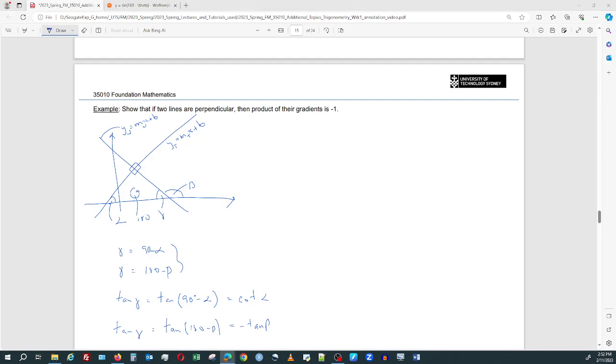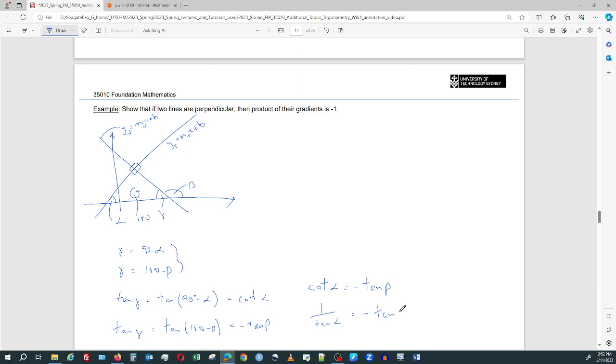And so what we've got here is cot alpha is minus tan beta, (1 over tan alpha) is minus tan beta.